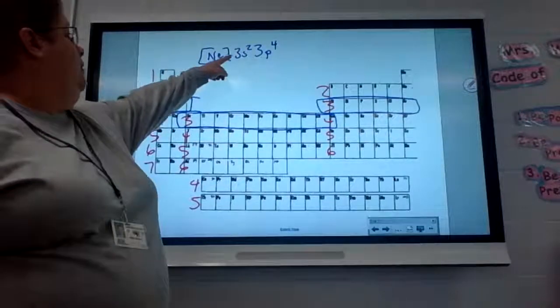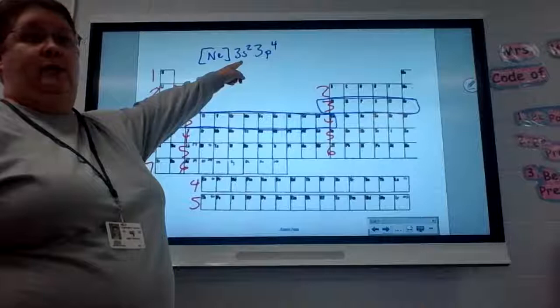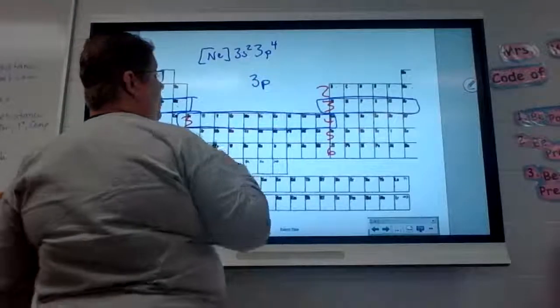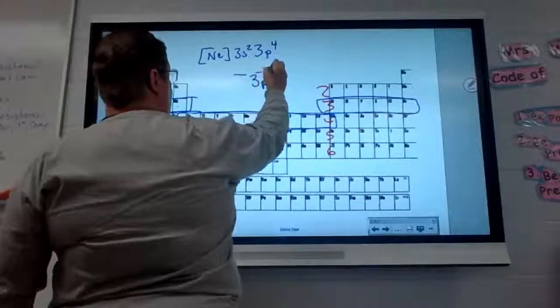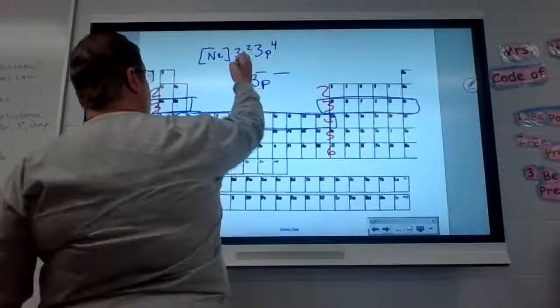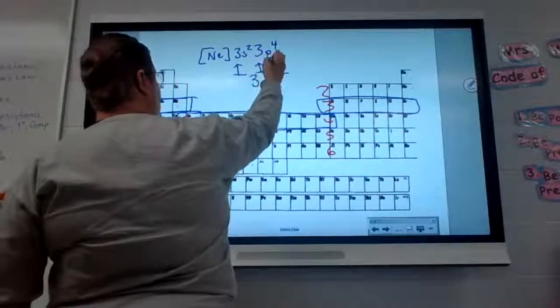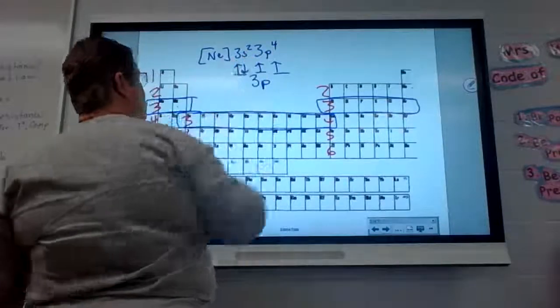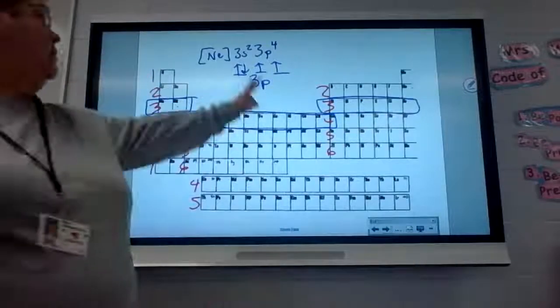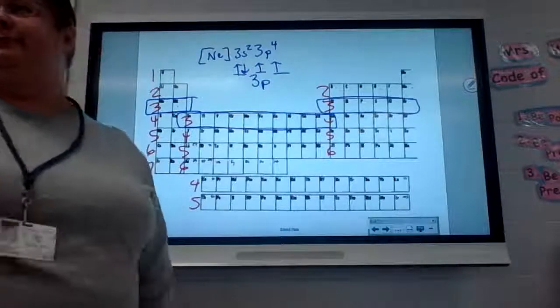That's full, right? So the only place we need to look at is the 3p. How many lines go above a p? And these 4, how do we put these 4 on the lines? One in each and then double. So how many are unpaired? 2. Those 2 are unpaired.